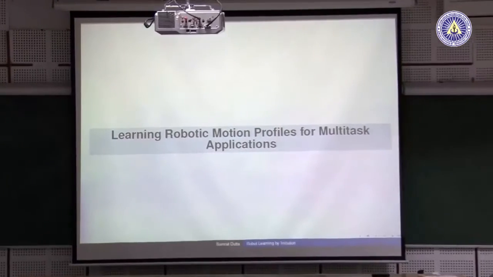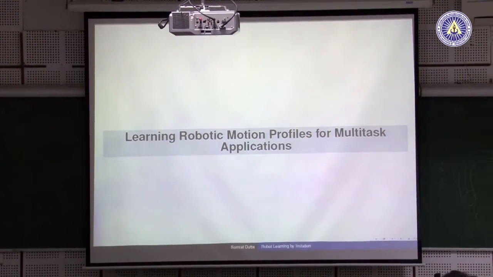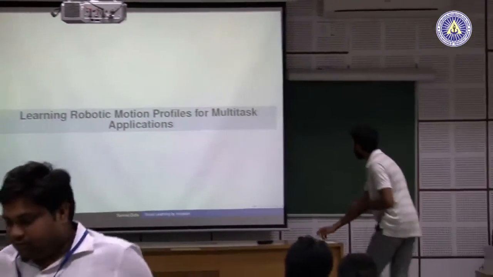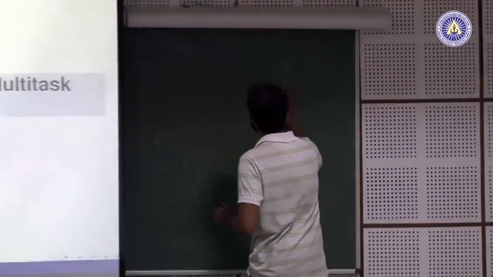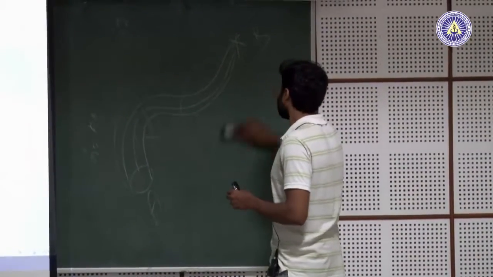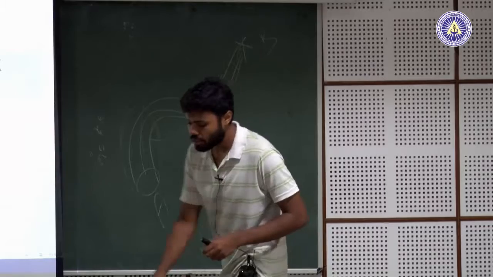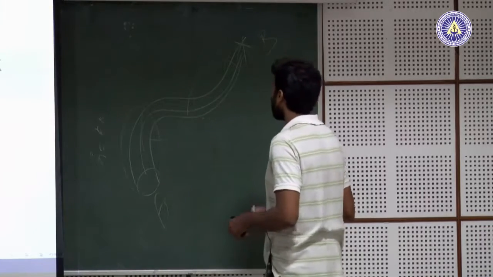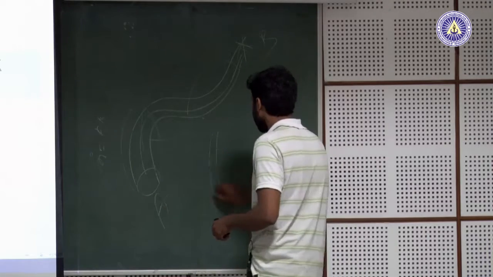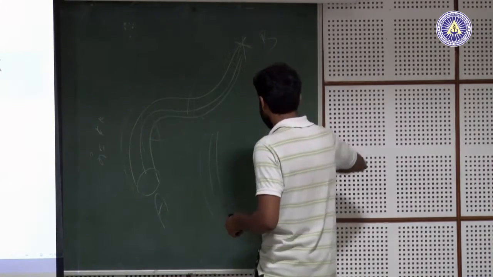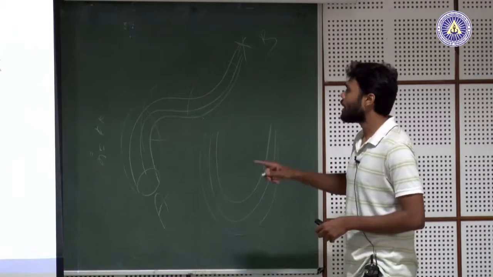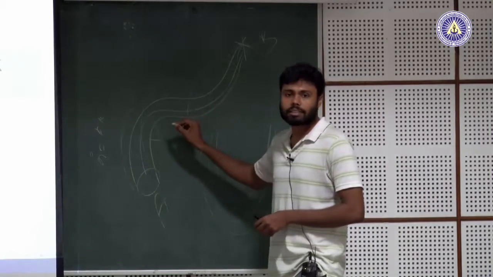Till now we have seen how a particular type of demonstration has been learned in a single model. Suppose I have shown this kind of trajectory here, and the model we have proposed has learned this trajectory. Now, for another kind of motion, suppose this one, that model cannot produce this trajectory, because it is learned only for this kind of trajectory.